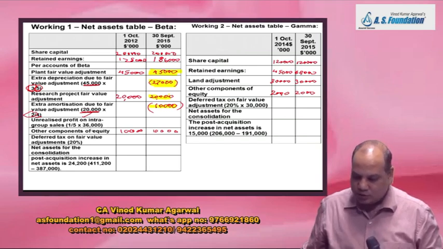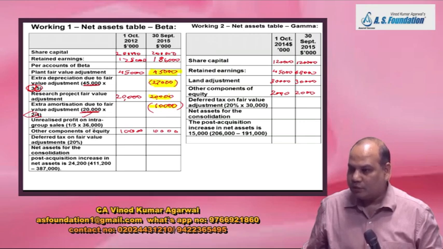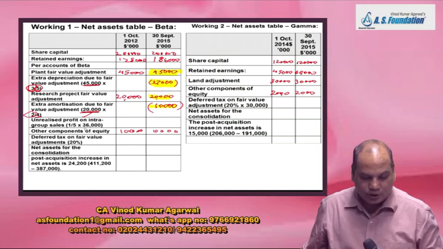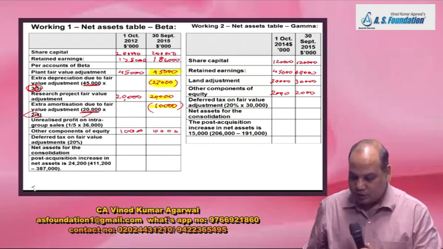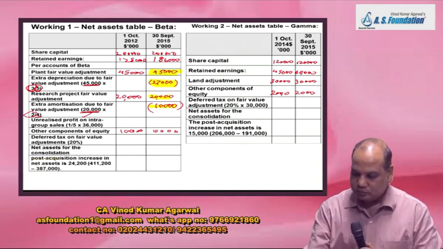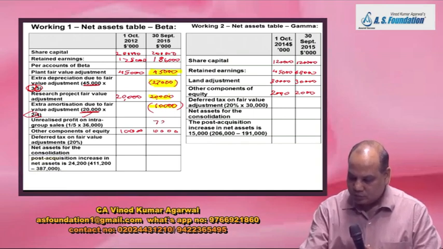So can I say together 36,000 inventory are lying in the group, which includes profit? 20 plus 16, 36. The margin is 25% on cost. 1/4 of cost is 1/5 of selling price. So tell me 1/5 of 36,000. 7,000 in bracket.